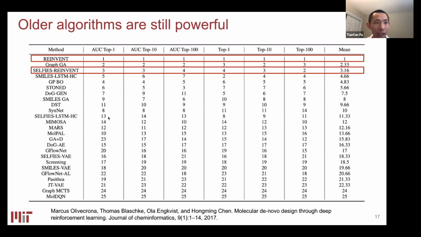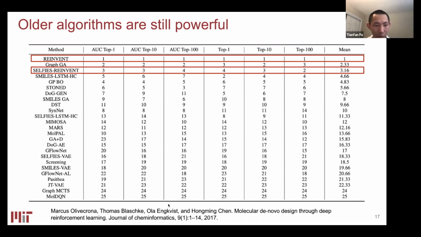We also find older algorithms are still powerful. For example, REINVENT ranks first in all 6 metrics. Another method, SELFIES-REINVENT, which simply uses SELFIES to replace SMILES strings in REINVENT, also ranks third.